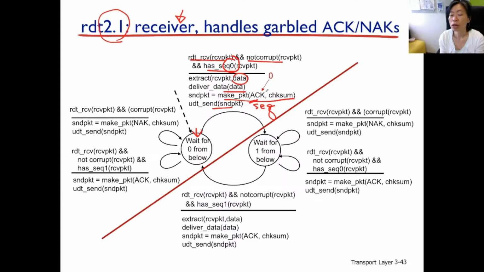The ACK packet we're generating here for RDT 2.2 should carry sequence number 0. Once we finish all the actions, we finish the transition and move to the next state, wait for 1 from below. And if we get packet 1 coming in, passing these conditions, so indeed carrying sequence number 1, then similarly, we take the data out, generate an ACK, and send it out.